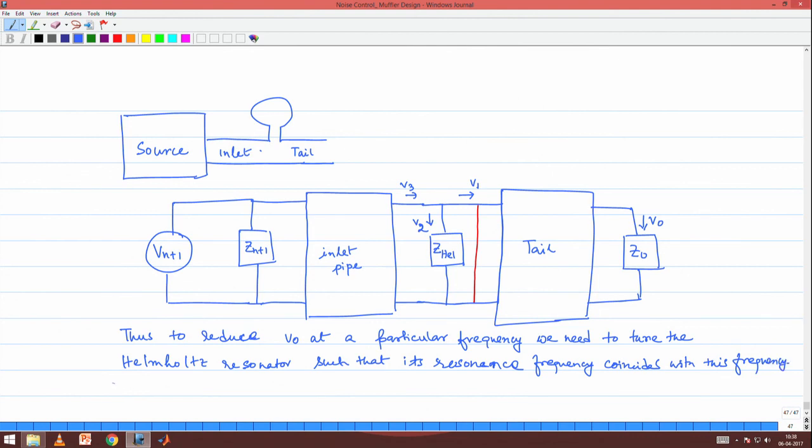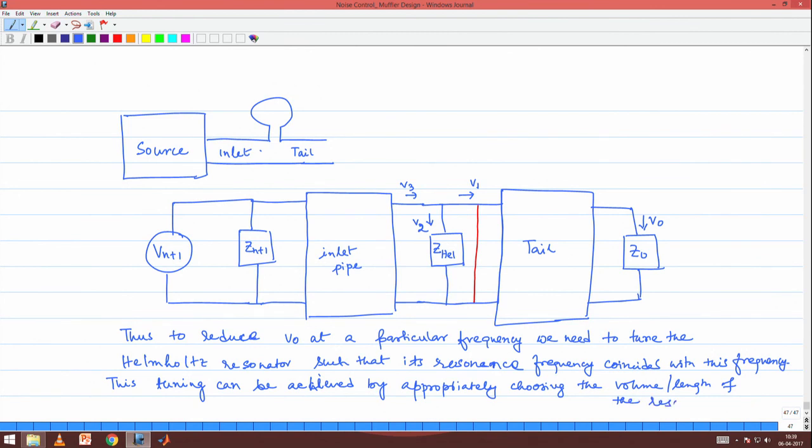Okay. This tuning can be achieved by appropriately choosing the volume or the length of the resonator.